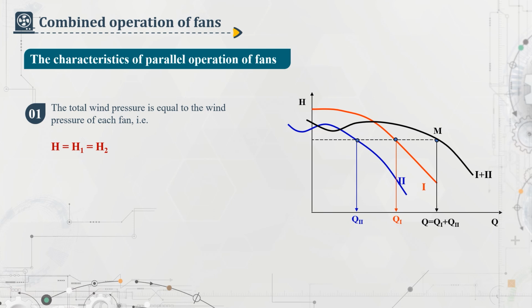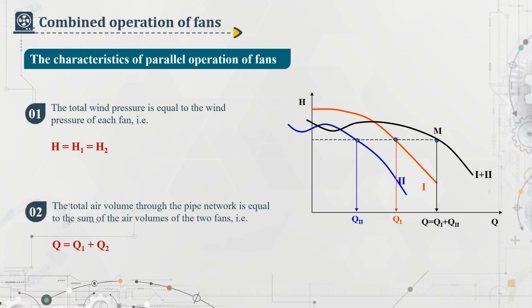The total wind pressure is equal to the wind pressure of each fan, that is, H equals H1 equals H2. 2. The total air volume through the pipe network is equal to the sum of the volumes of the two fans, that is, Q equals Q1 plus Q2.